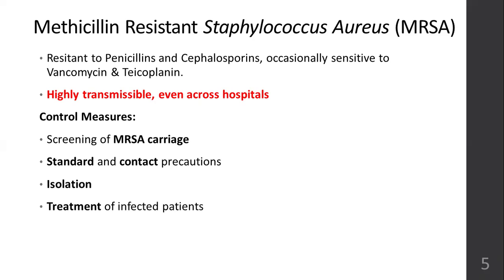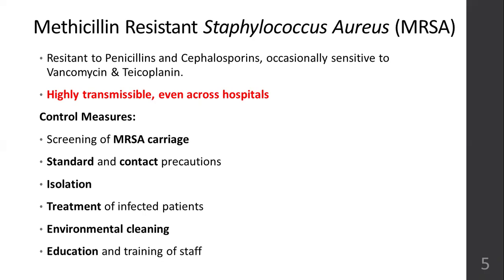Treatment of infected patients has to be done. All the MRSA cases can be kept together if you run out of isolation rooms. Environmental cleaning has to be done after you discharge them. Fumigation, fogging has to be done for the ward. Education and training of staff is also important here.